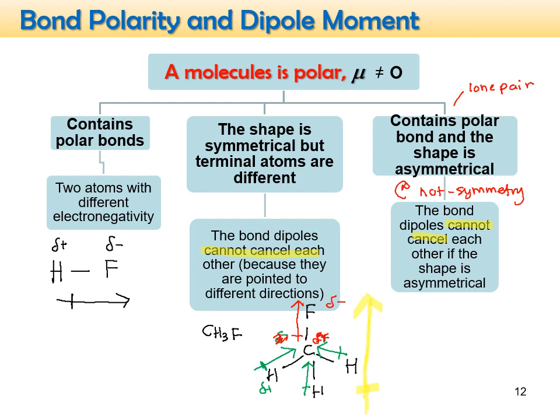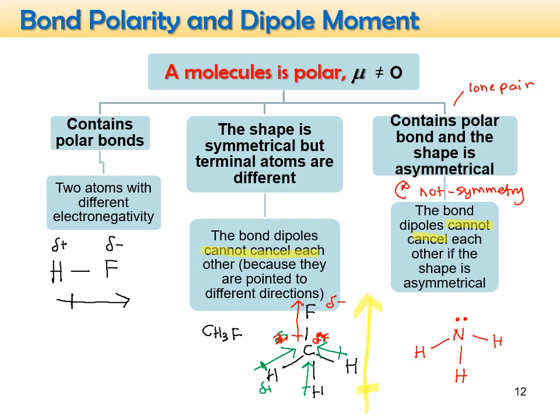For example, NH3. So this is the structure of NH3, the correct Lewis structure, and I have already shown the shape. This is trigonal pyramidal.